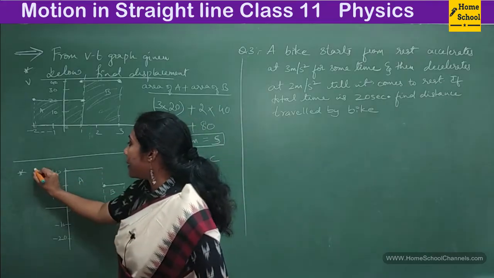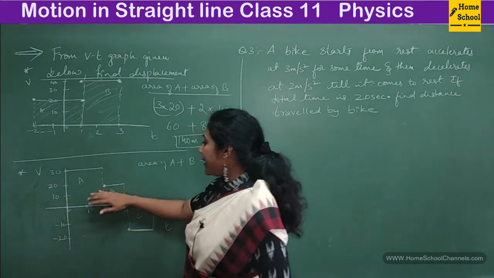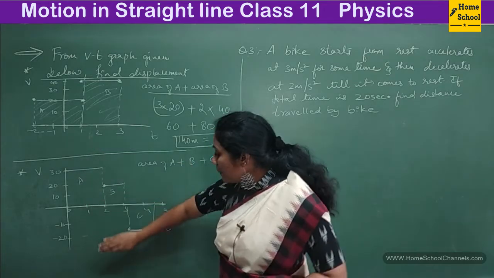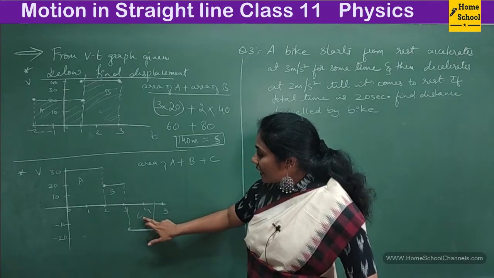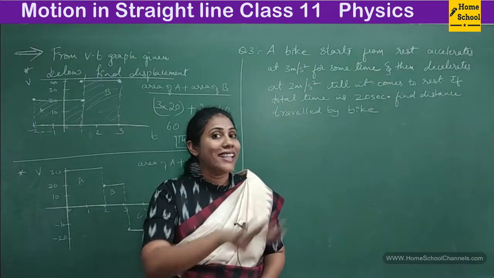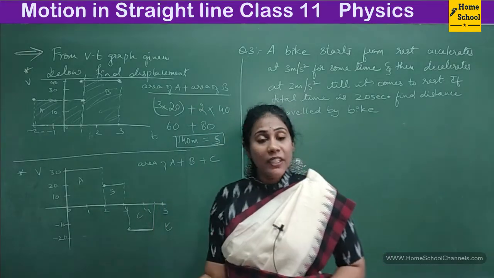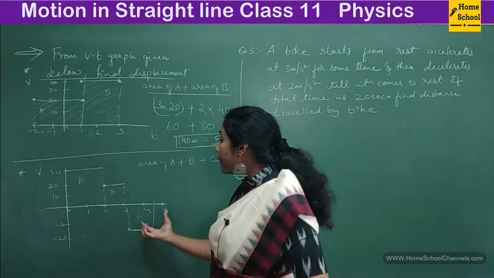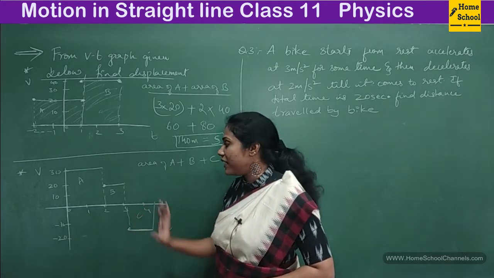So when you calculate the area here, you will get a negative sign. But you may be wondering, area can never be negative, right? Correct, but that negative sign is talking about the direction. The negative sign is only for the direction.